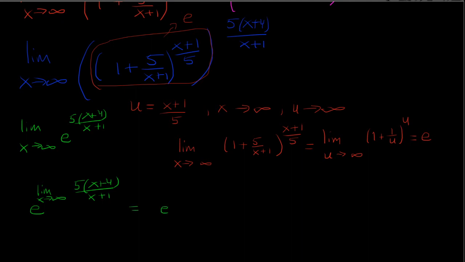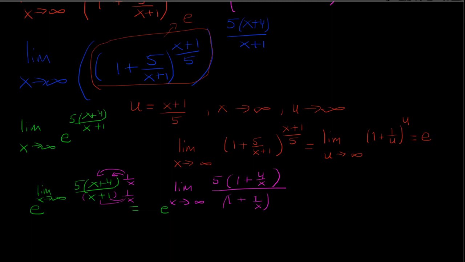Okay, and I can divide everything by x. So in other words, multiply by 1 over x. So I'm going to have e to the limit as x approaches infinity of 5 times, and I'm going to distribute the 1 over x in the parentheses, (1 plus 4 over x) all over (1 plus 1 over x).